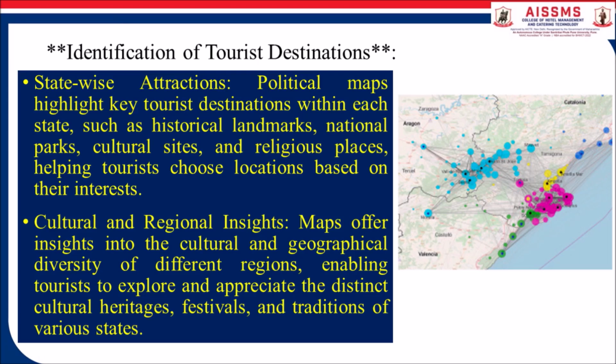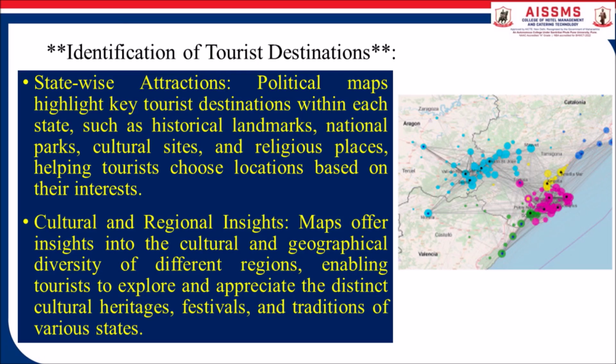In the further sessions, you will see in detail which states or which part of India is famous for various festivals, events and that particular culture, and what role the political map has in it.